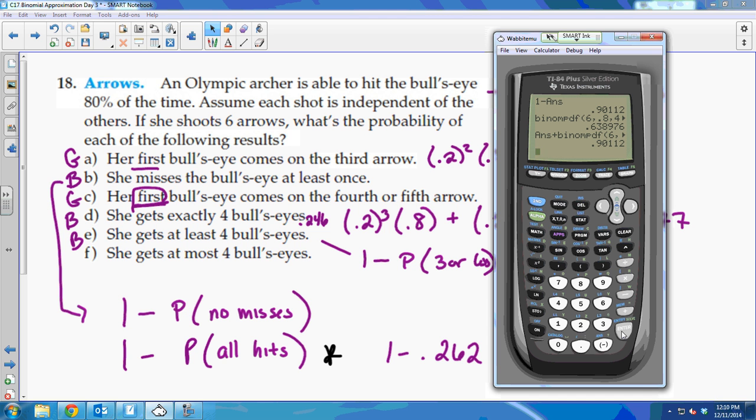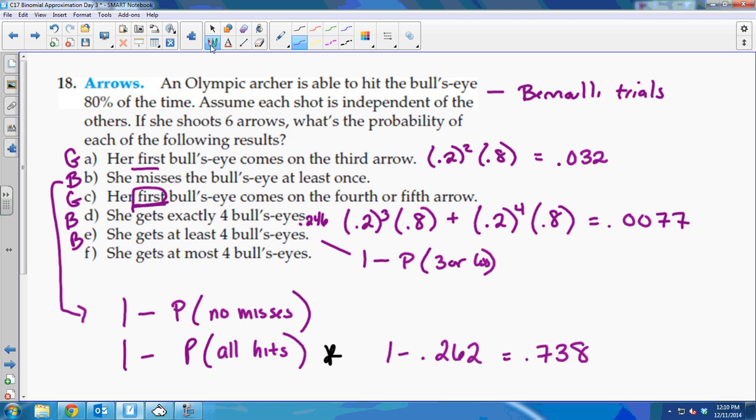So at least 4, that's 4, 5, or 6, or 1 minus 3 or less. Questions about E?